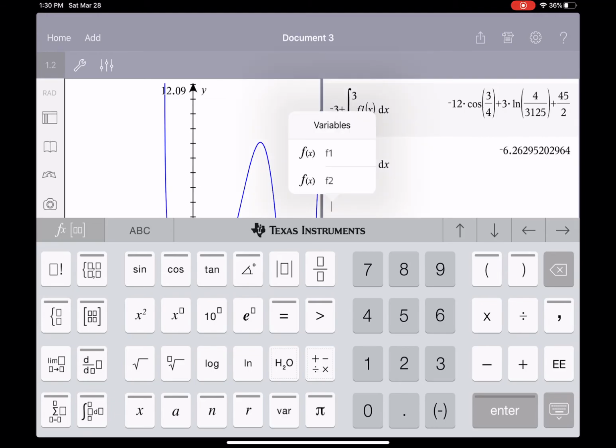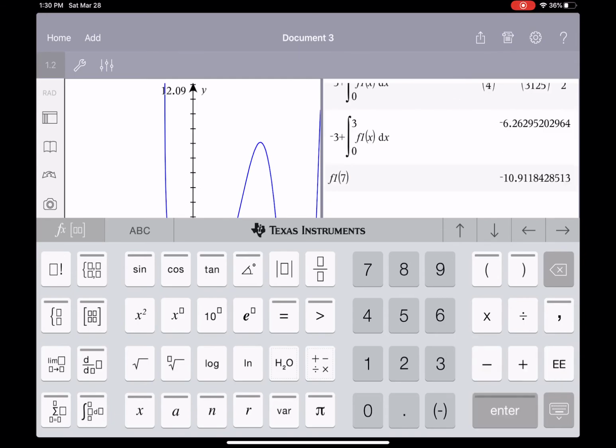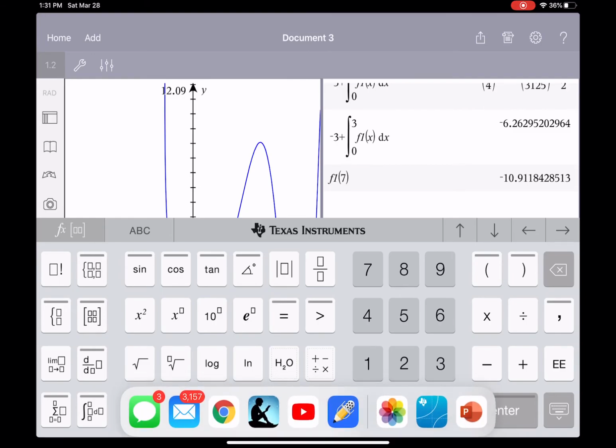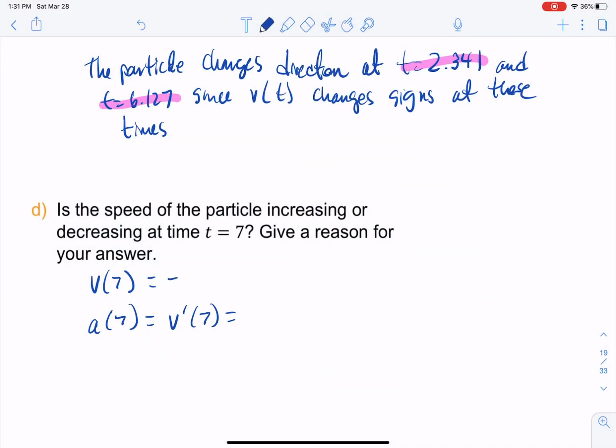That was the f1 function, and I plug in 7. I think it was 7, yeah. Approximate this one, and I get negative 10.912. Yeah, something like that.